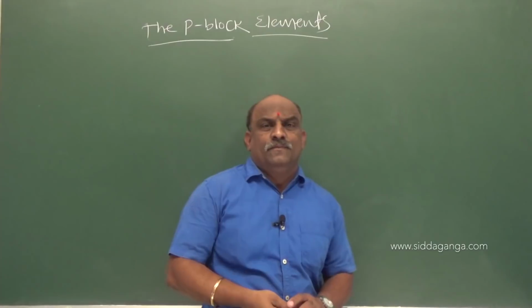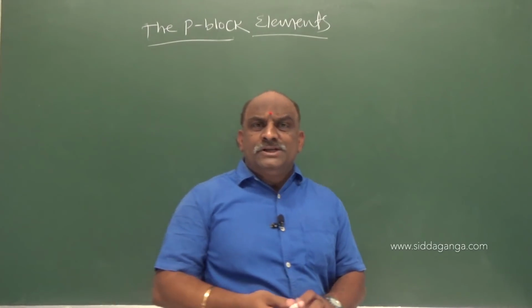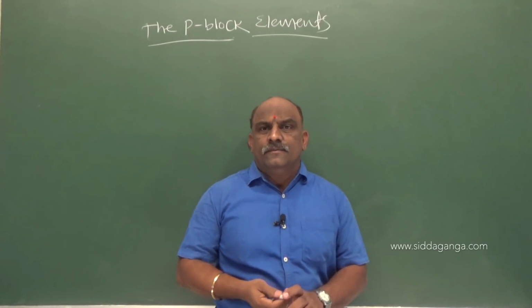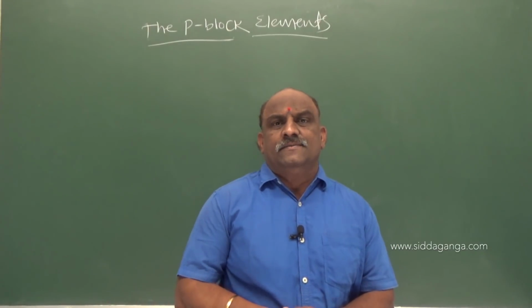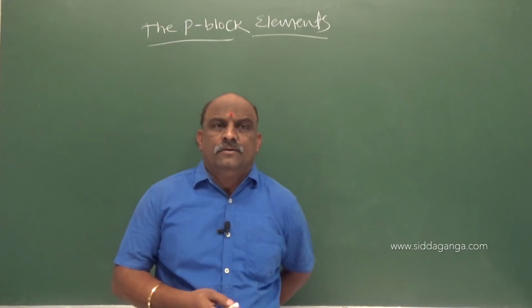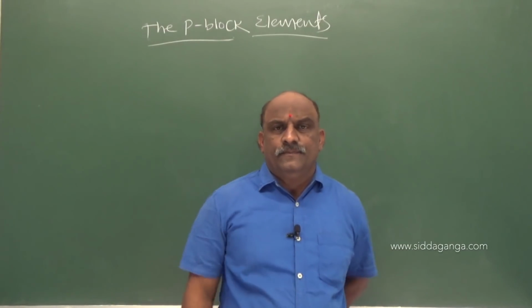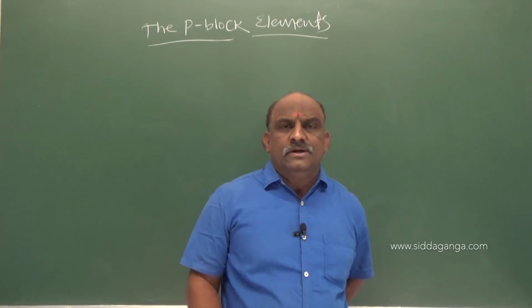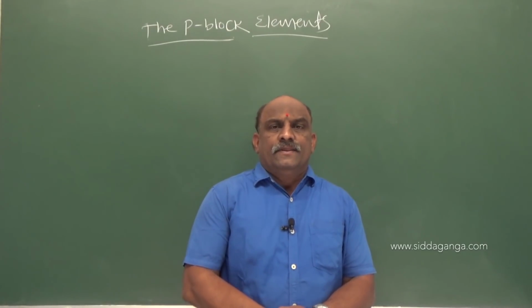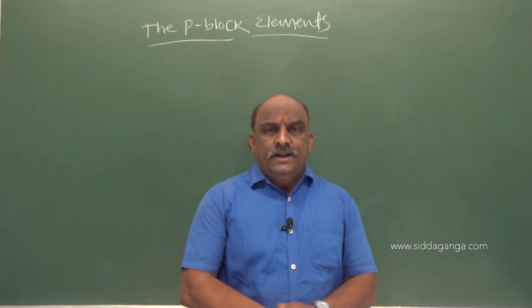So, here the position of the P block in the modern periodic table is the right side of the periodic table. All of you know about that. The total elements are placed at the right side of the periodic table.